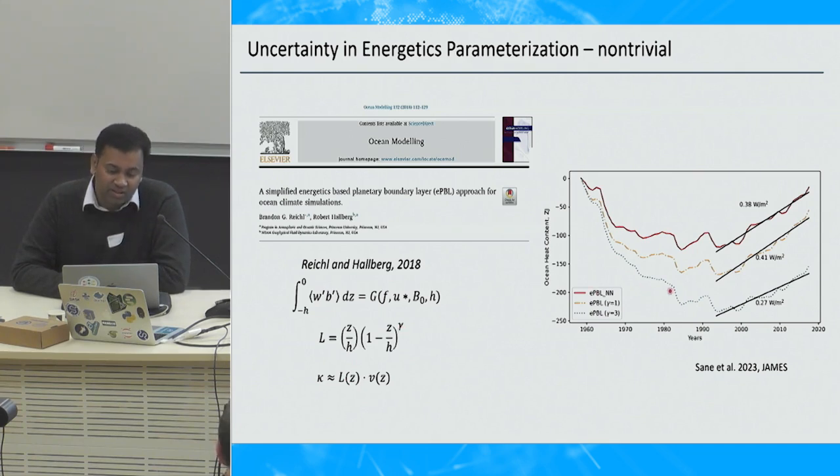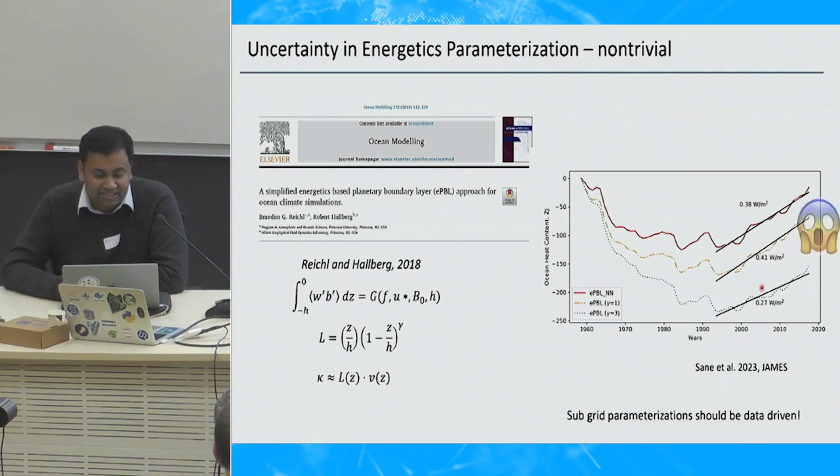So I looked at ocean heat content, and it turns out that the rate of change of ocean heat content has a lot of disagreement, by about 0.15 watt per meter square. And so this means that even for the same scheme, if you change one parameter, it can disagree by a lot, and this is concerning, right?